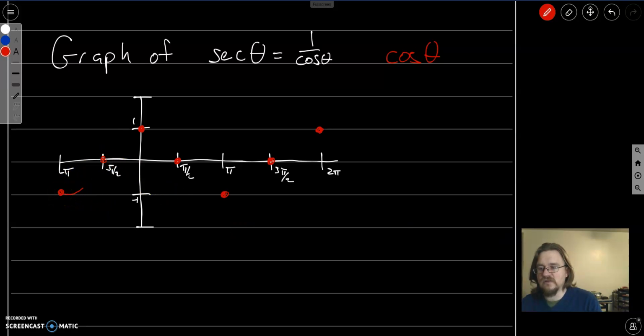So the cosine function looks something like this.